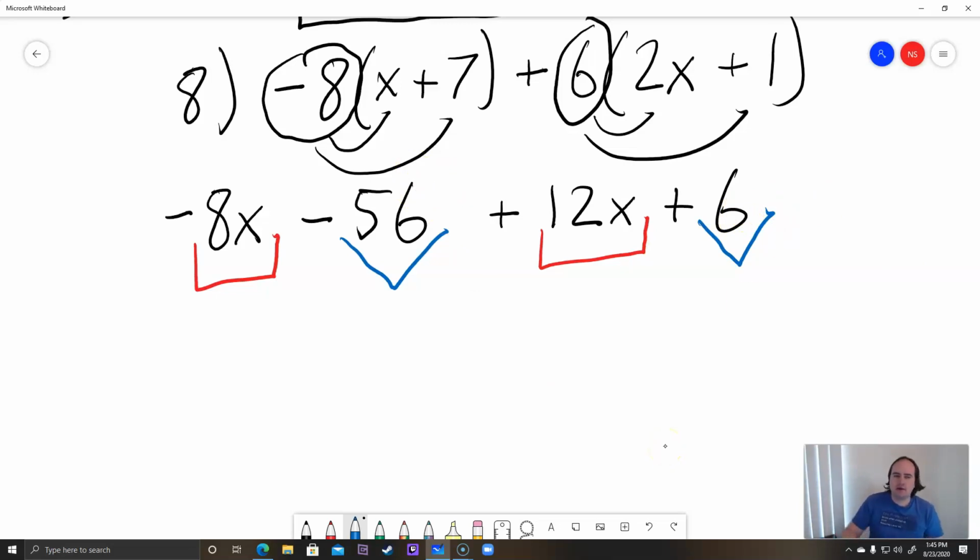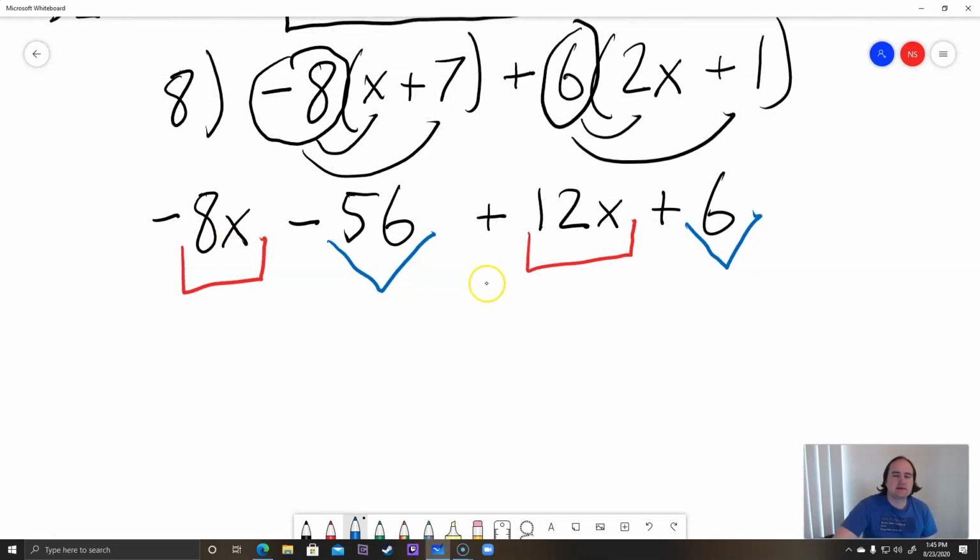Okay, so let's start with the negative 8x and the positive 12x. Well, if we do negative 8 plus 12, those are opposite signs, so we subtract. So it's going to be 12 minus 8 is 4x. And it's going to be positive 4 because the larger number was positive. Okay, so we should have 4x there.